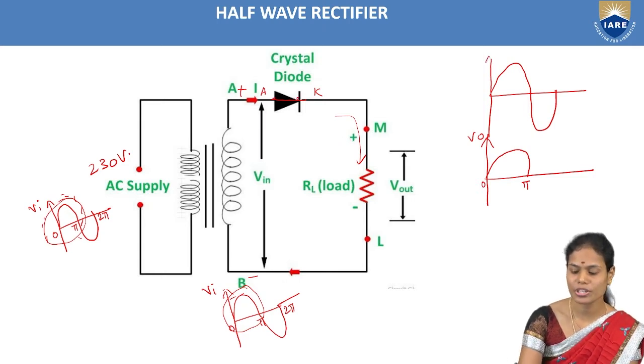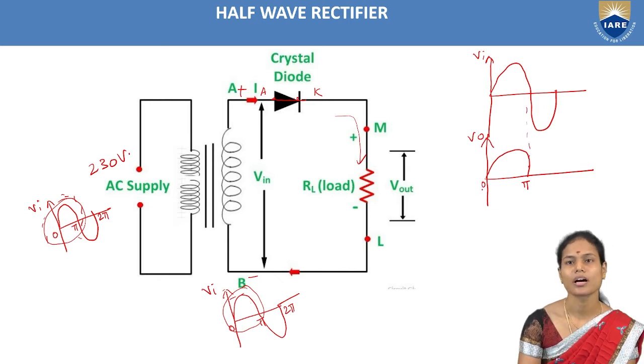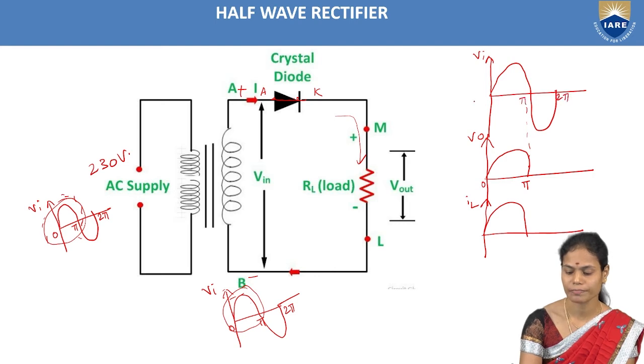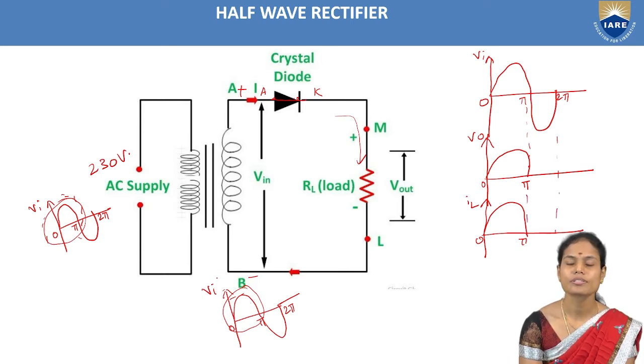So that's why however much input voltage we provide, that much we get across the output of the rectifier, or across the load resistance. And similarly, the output current IL is also the same, in the 0 to pi range. So this is the case when we take the positive half cycle for the rectifier.